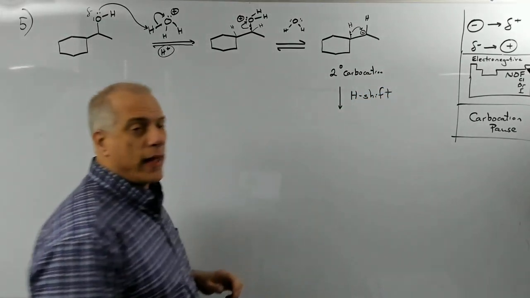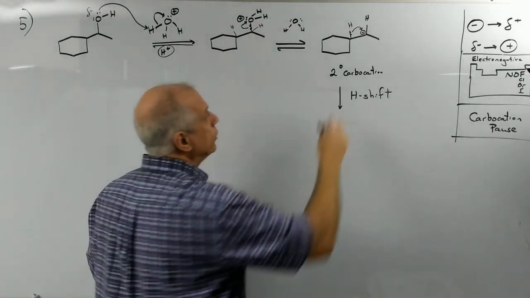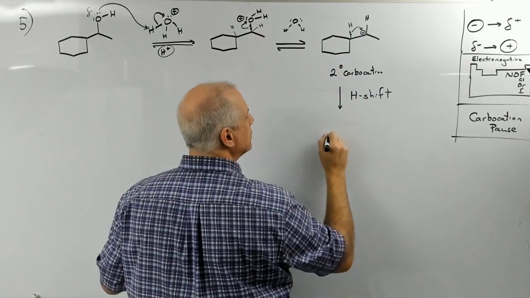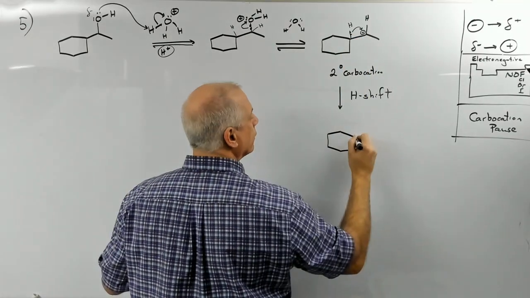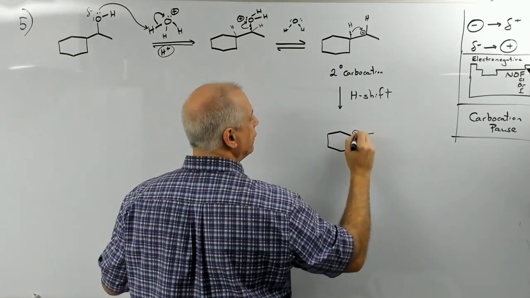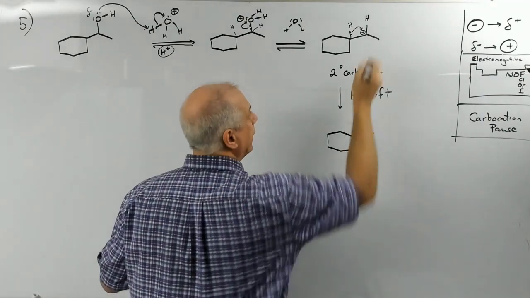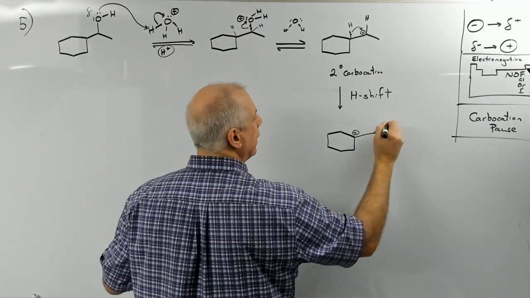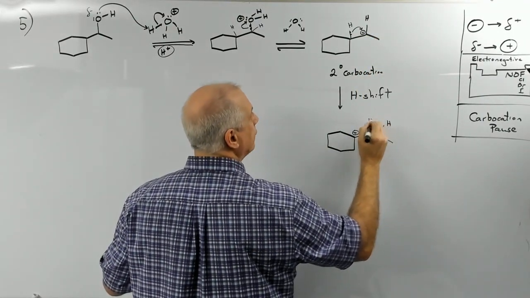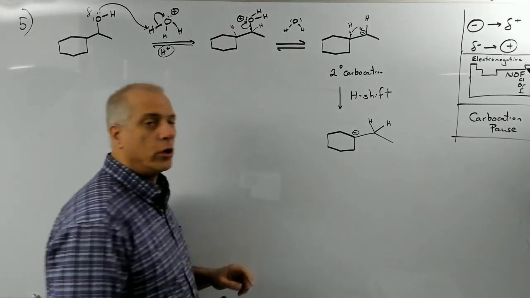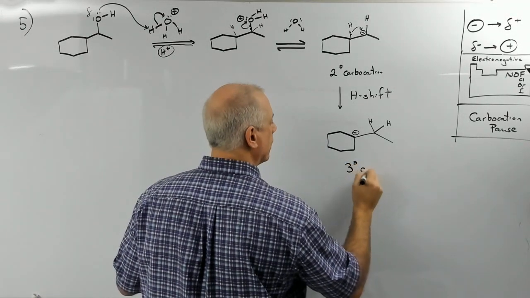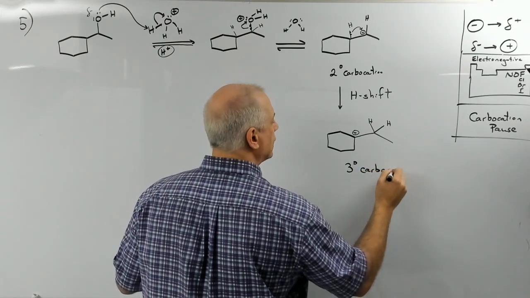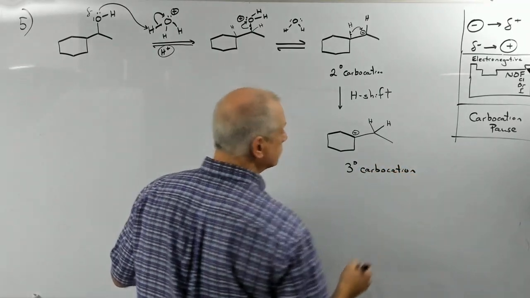And this will happen if there's an advantage to it, and in this case there will be, because now this carbon over here is deficient. That's a carbocation. This one over here has stolen the hydrogen, so that's happier. And now we have a tertiary carbocation. This is going to be more stable.